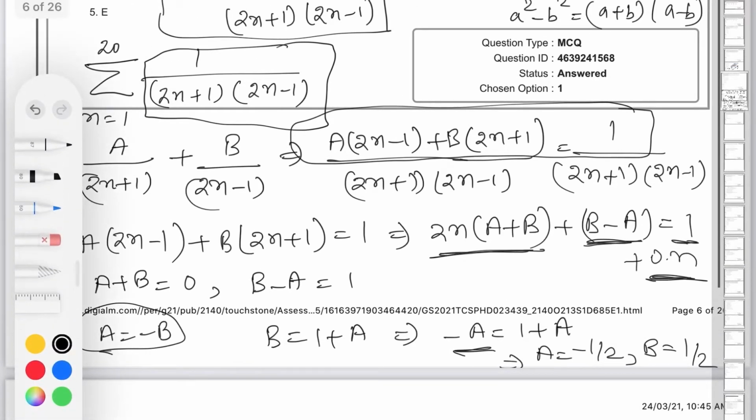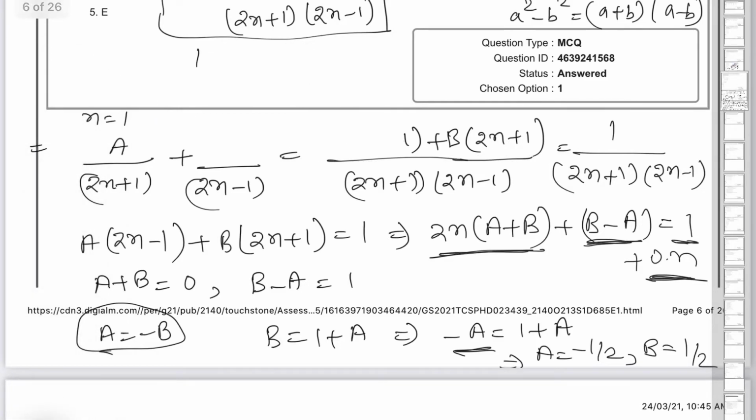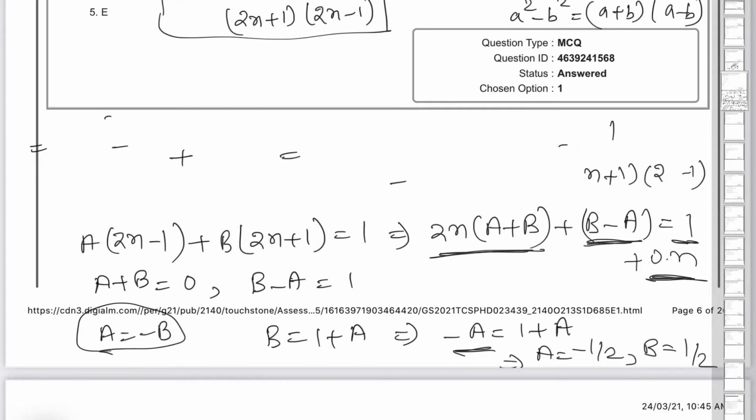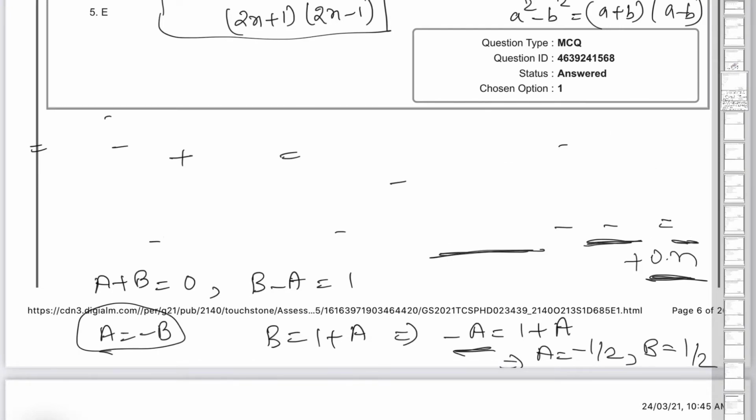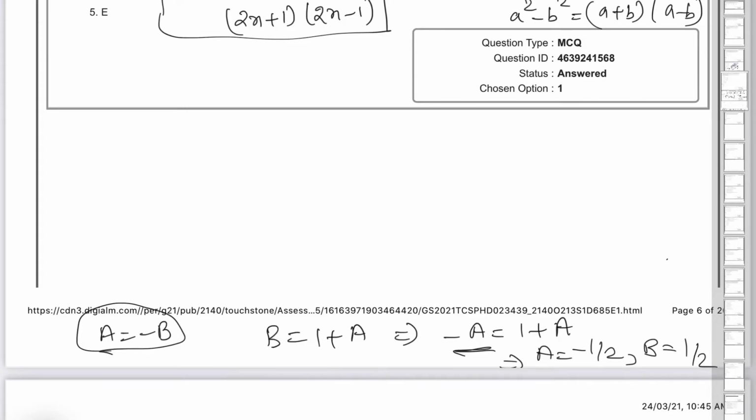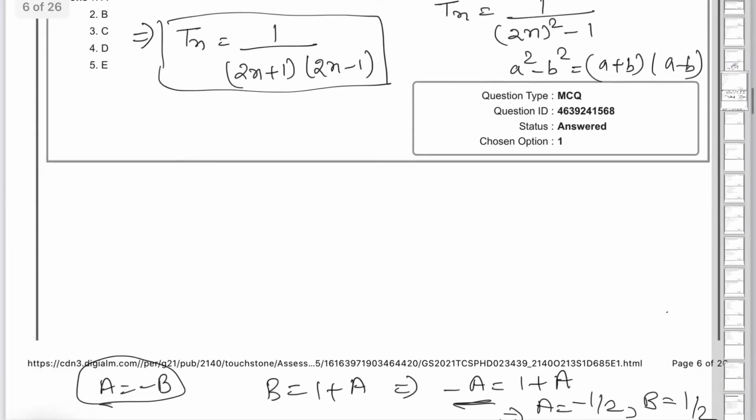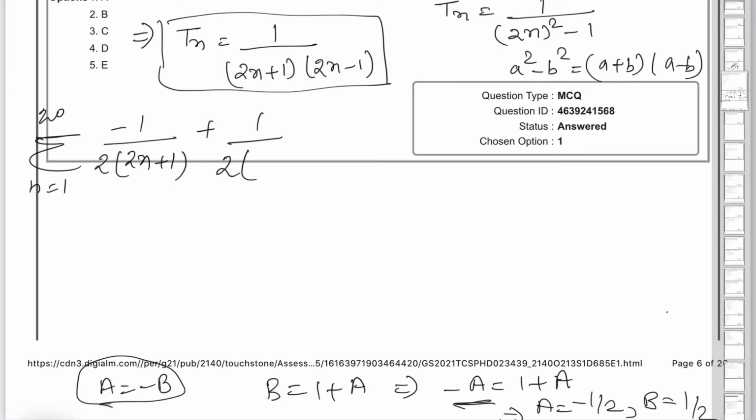So let me just create some space here. Now I can write the summation of n equals 1 to 20 as: a's value is minus half, so minus 1 upon 2 into (2n plus 1), and this is 1 upon 2 into (2n minus 1).